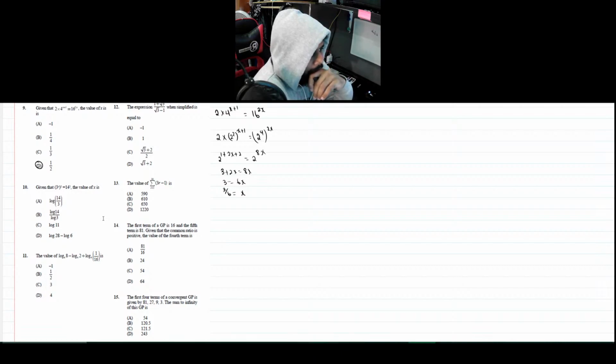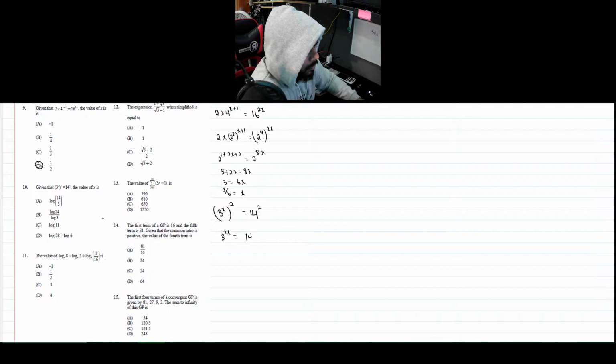Given that the value of x is, so we have some logs here, right? What you could do is plug all the values into the equation and check and see which one you get. Same thing for number 9, but I like to solve it, to be sure. 3 to the power x squared is 14 to the power 2. Well, this 3 to the power 2x is equal to 14 to the power 2.